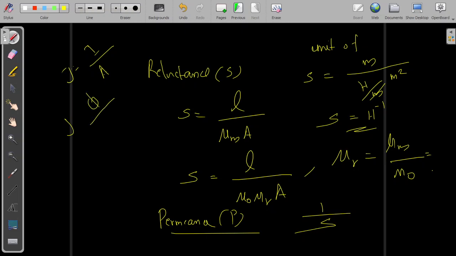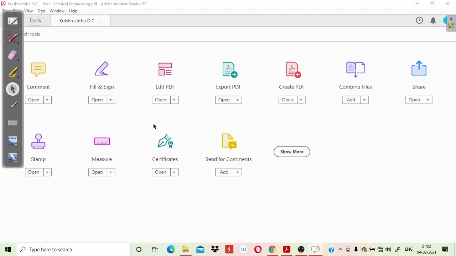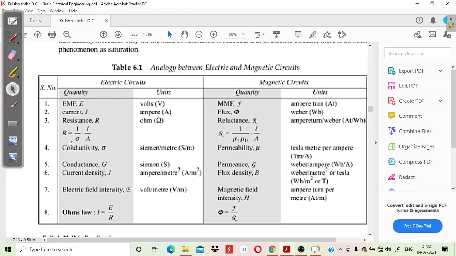Flux phi divided by A, that is flux passing through unit area, is what we have defined as our magnetic flux density B. That is the analogue of current density.